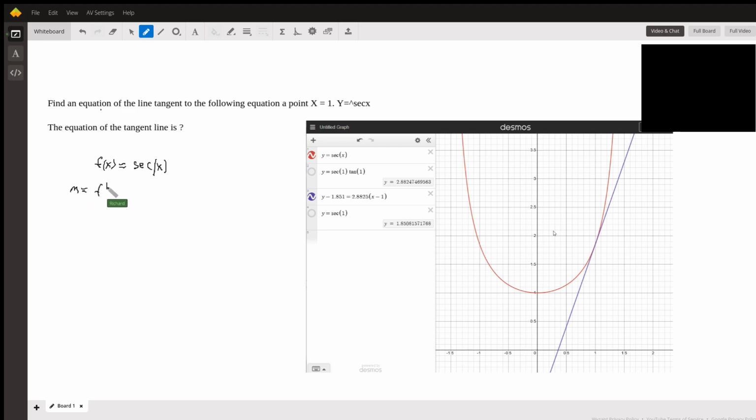So it's going to be f prime of 1. Let's do f prime of x for now. That's just secant x tan x. The slope in our case is going to be f prime of 1.